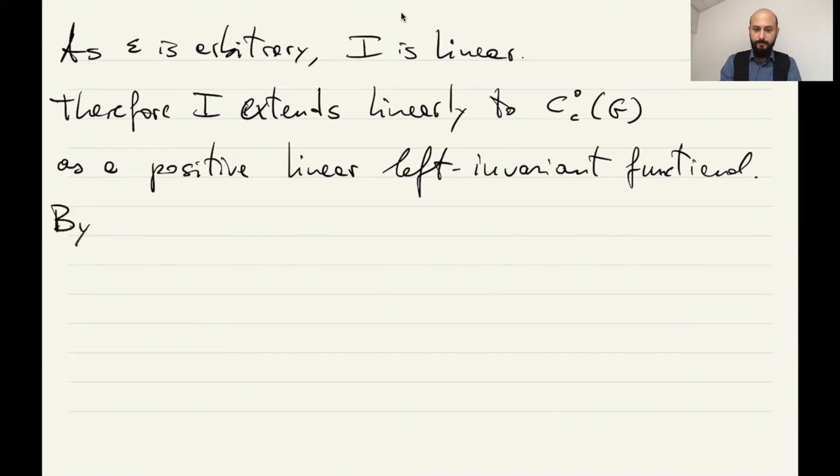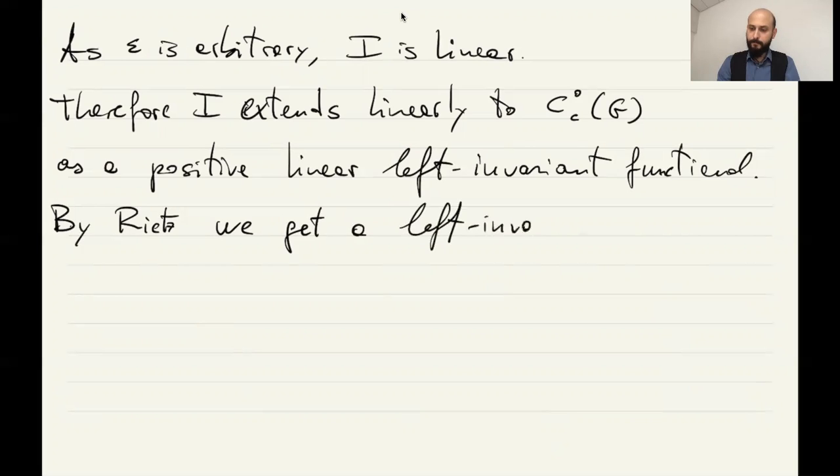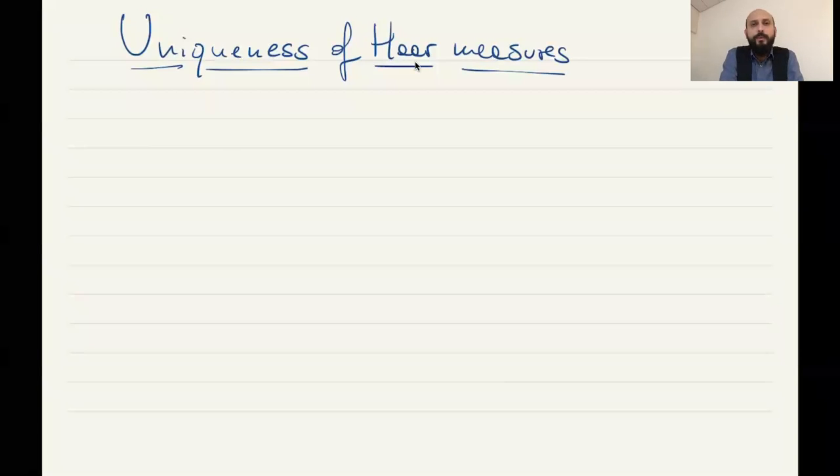And now by Riesz, we get a left invariant Radon measure. So we constructed at least one Haar measure. So we proved the existence of Haar measures.